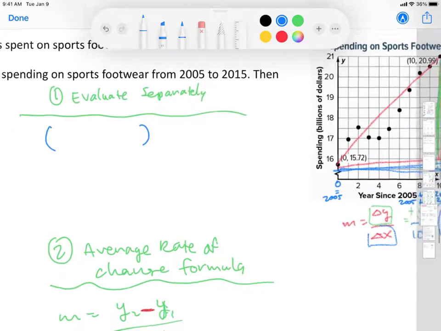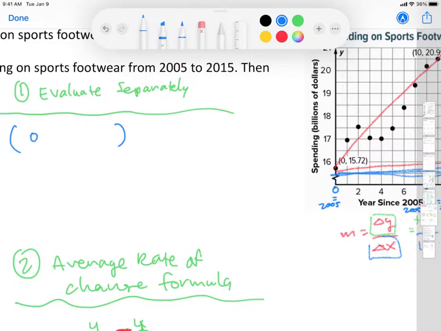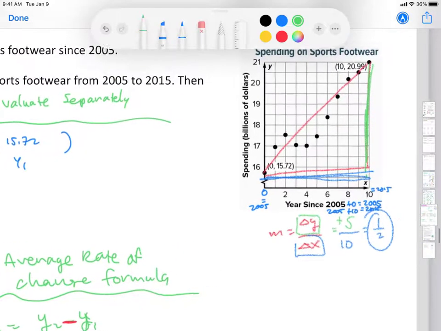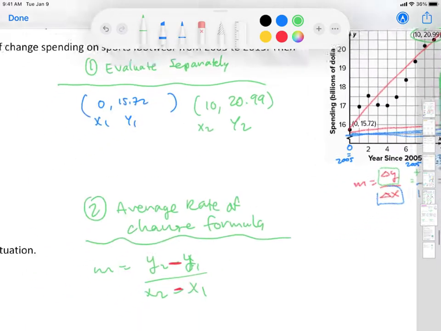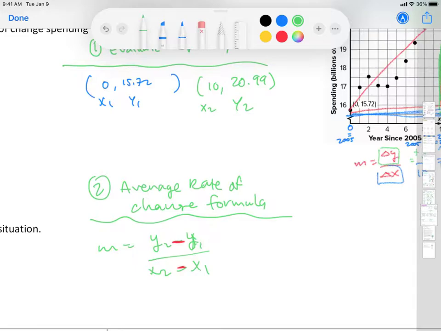Okay, my 2 order pairs. 2005 is 0, 15.72, x1, y1. And then my second order pair is 10, 20.99, x2, y2. We're basically doing the same thing we've done before. Write down your formula, always. Highlight your subtraction sign.